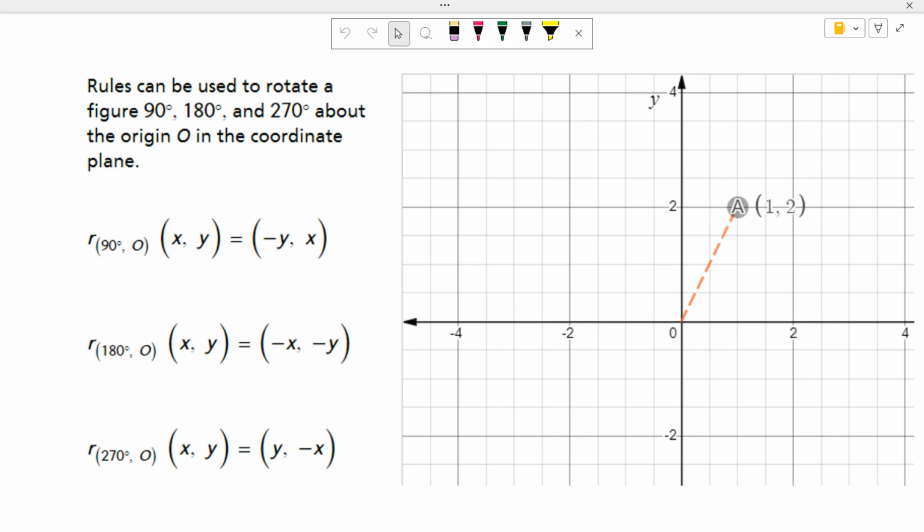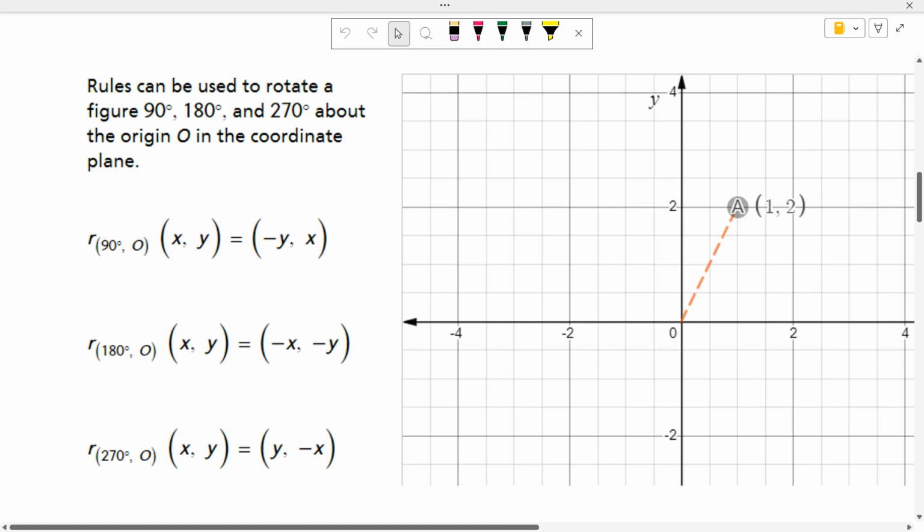That's a 90-degree rotation. A 180-degree rotation goes from (1, 2) to (negative 1, negative 2). How does that work? Well, let's look at this. We're here. 90 is there. 180, the paper should be facing right there. Negative 1, negative 2.